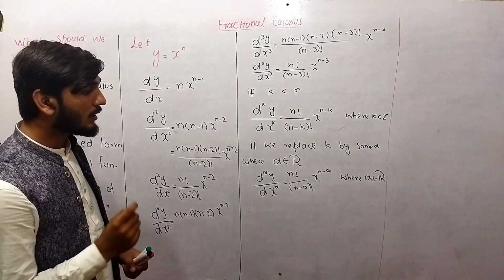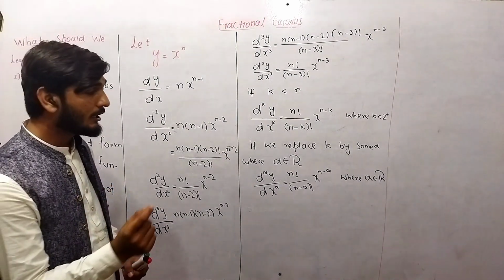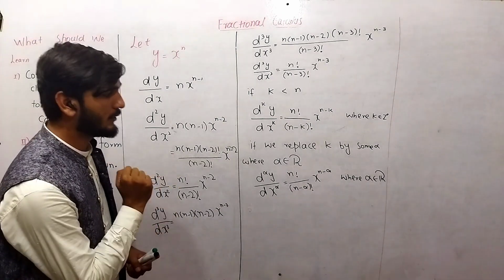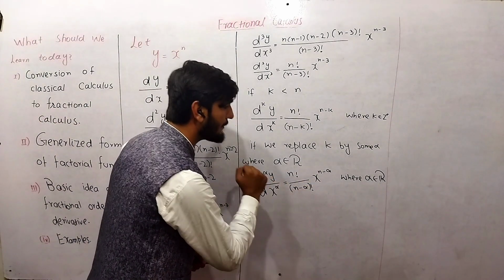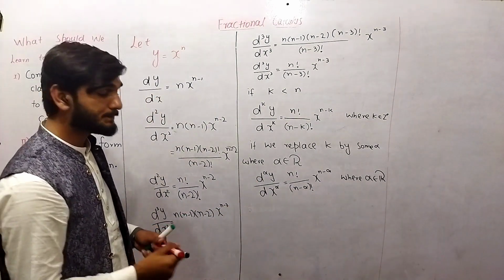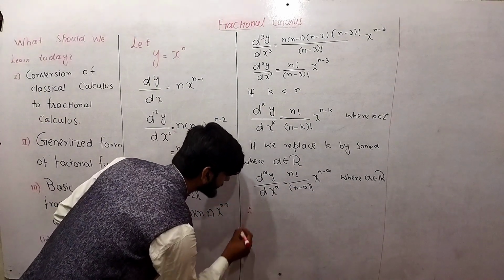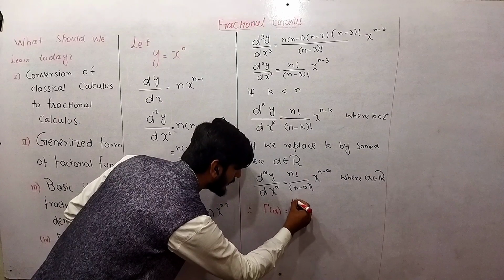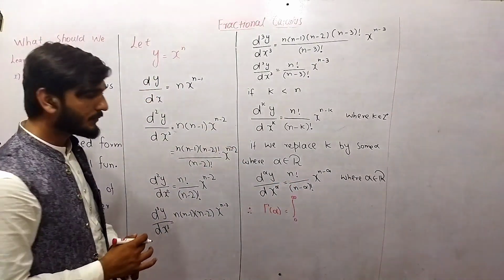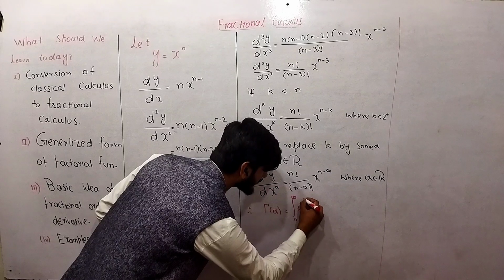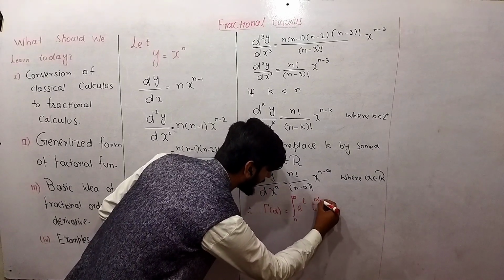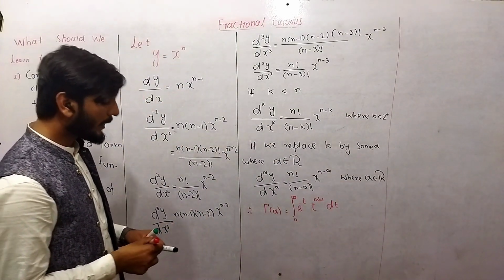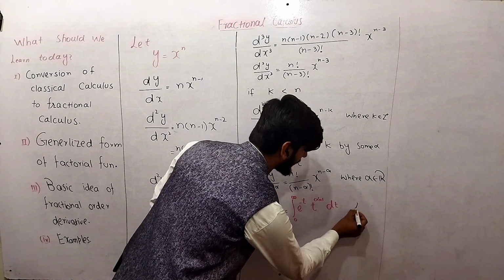Then Euler was the first mathematician to give the idea of the gamma function, as I described before. Let me use the gamma function here. The gamma function is written as gamma of alpha is equal to the integral from 0 to infinity of e raised to power minus t, t raised to power alpha minus 1 dt, where alpha is a real number.